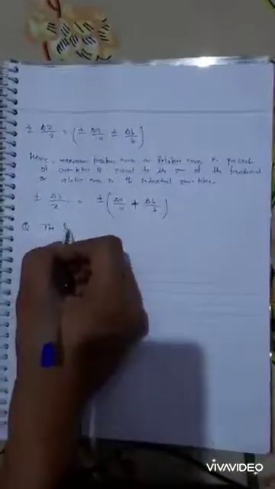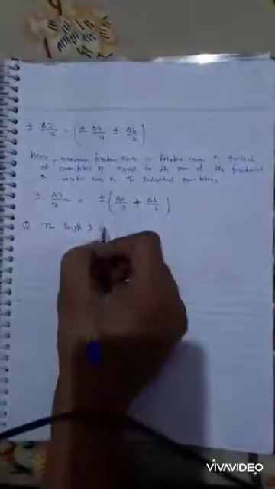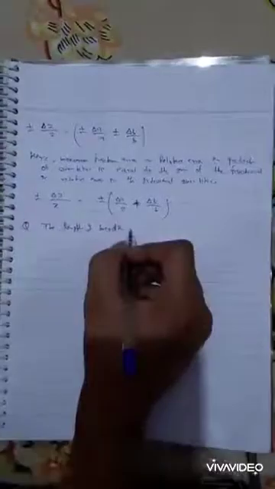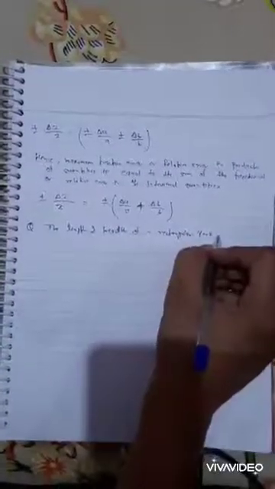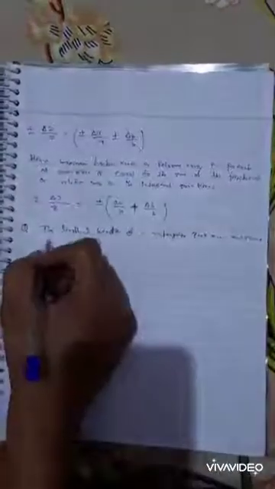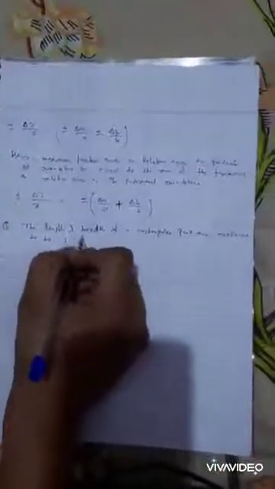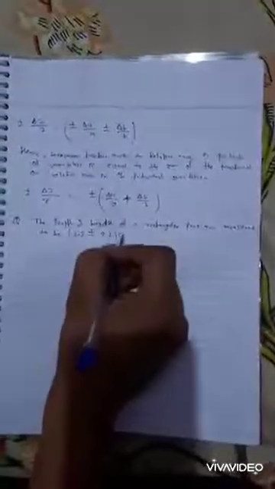Let's understand with the help of an example. Our question is: the length and breadth of a rectangular park are measured to be 2.3 plus minus 0.2 centimeter and 1.6 plus minus 0.1 centimeter.